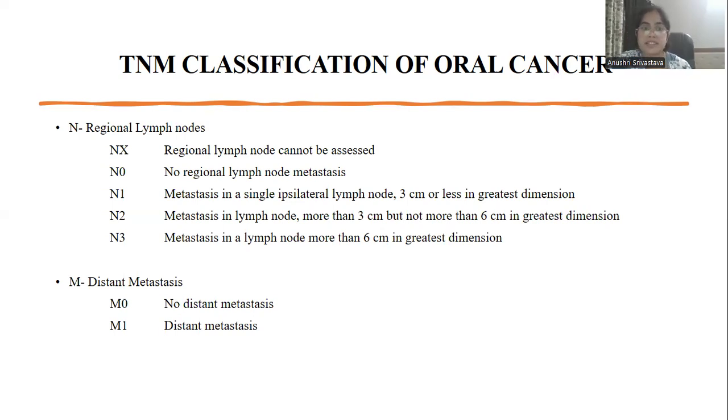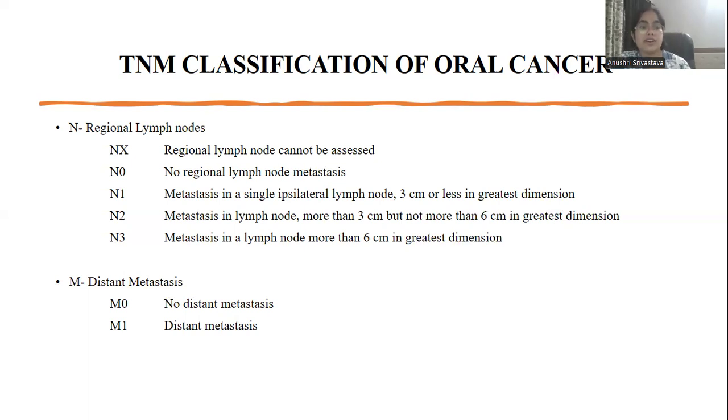If metastasis in a lymph node is more than 3 centimeter but not more than 6 centimeter in greatest dimension, then we will give N2. If metastasis in a lymph node is more than 6 centimeter in greatest dimension, then we will give N3. So lastly, our M, which is not the least because it is metastasis, it is the serious condition.